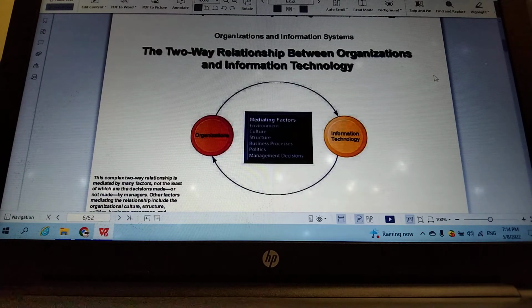Between these two, there is a very strong relationship in terms of environment, culture, structure, business processes, politics, and in making management decisions.